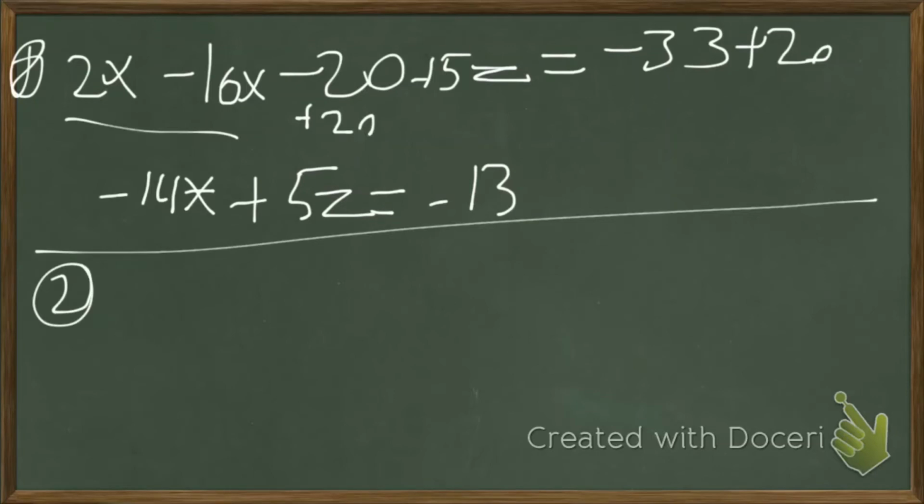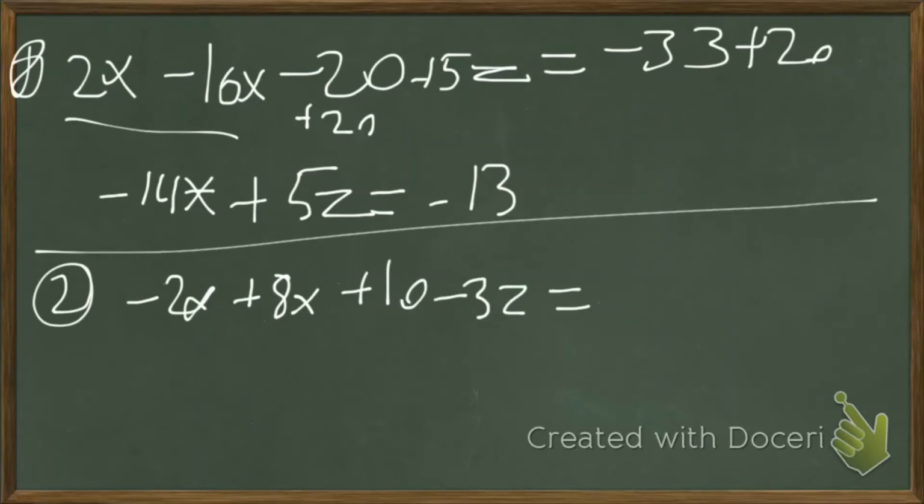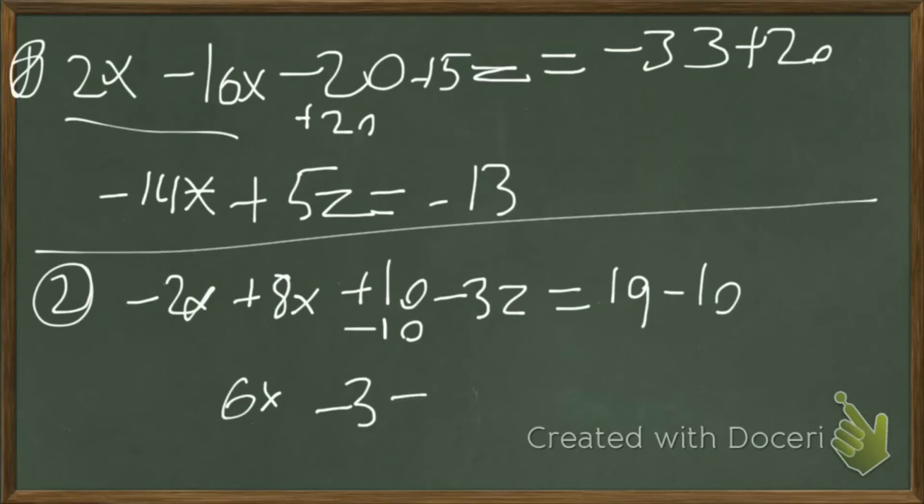So what will happen now is that you get minus 2x plus 8x plus 10 minus 3z, which equals 19. Combine like terms, minus 10 on both sides, minus 2x with 8x, 6x minus 3z is equal to 9.